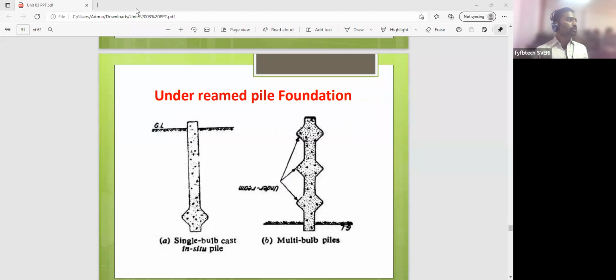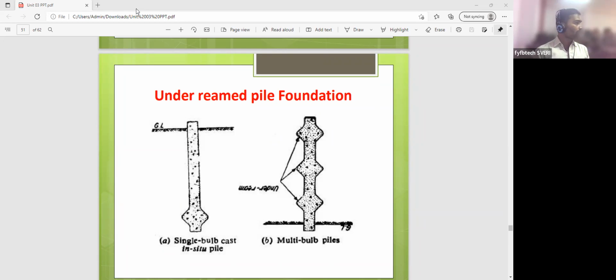One more: what is the difference between precast and cast in situ? If you are digging at the site and placing the concrete there, that is called cast in situ. If you are preparing the specimen separately outside, in the laboratory, you have to cast it, do the curing, and afterwards take that specimen to the field and erect it there.